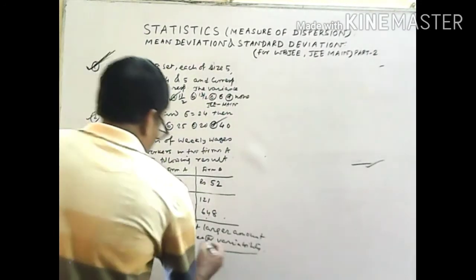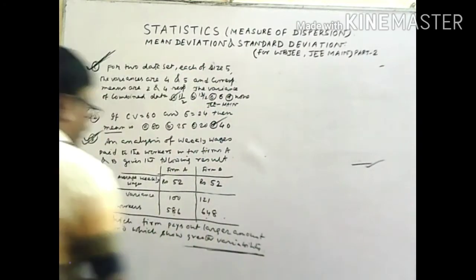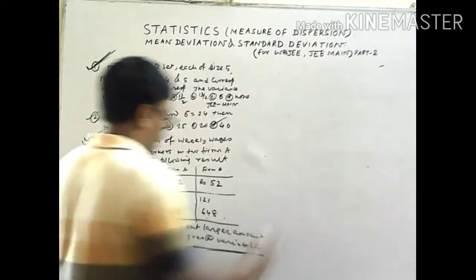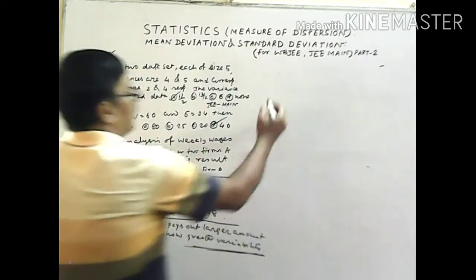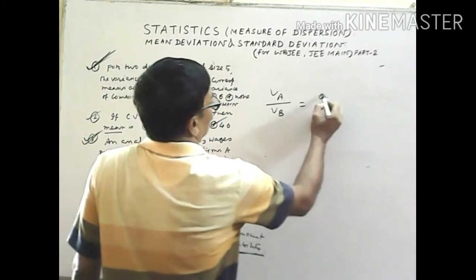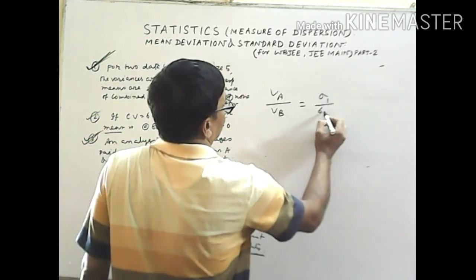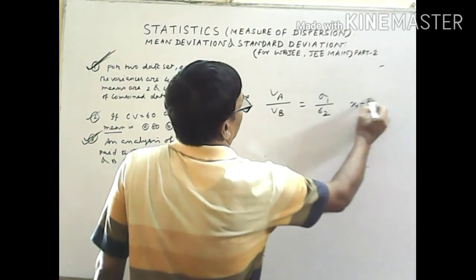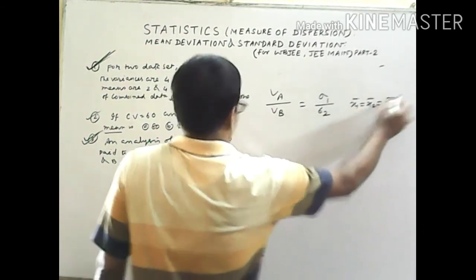So look, to compare variability, we calculate VA by VB, and we know VA by VB equals sigma 1 by sigma 2 if x1 bar equals x2 bar equals x.